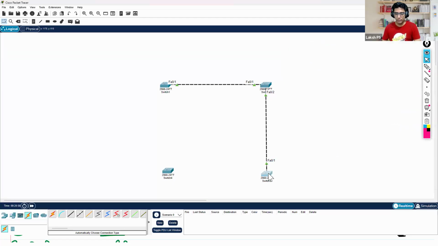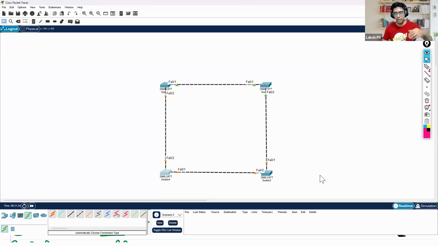Previously, this interface was in disabled state. The moment you connect cables into those respective interfaces, they'll start running spanning tree on them.